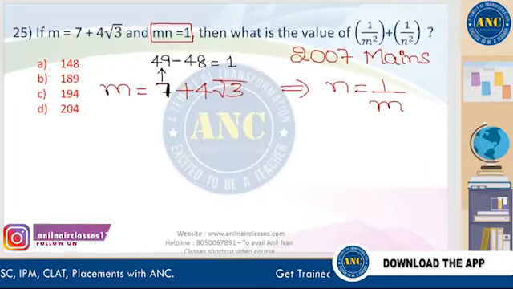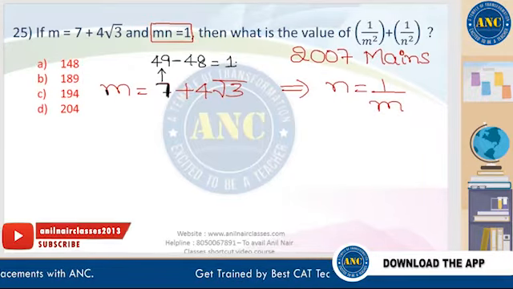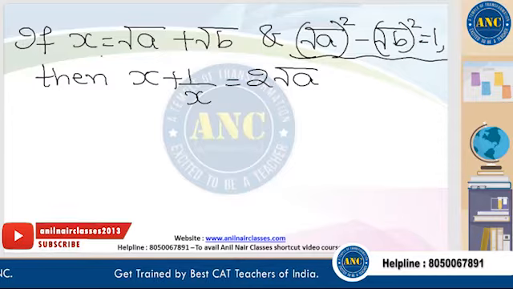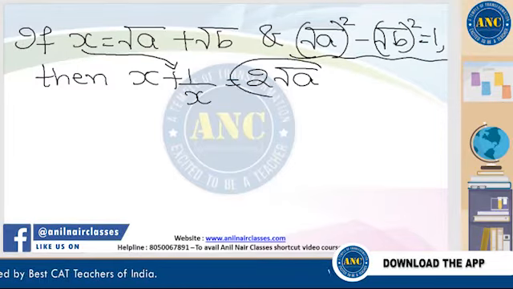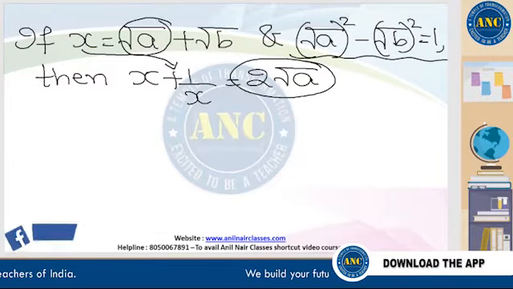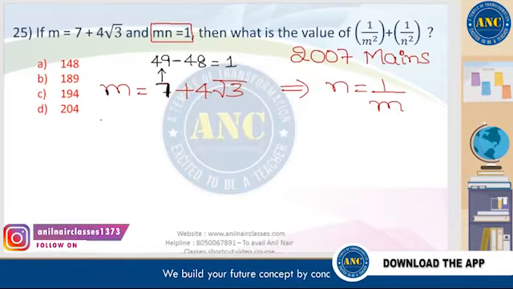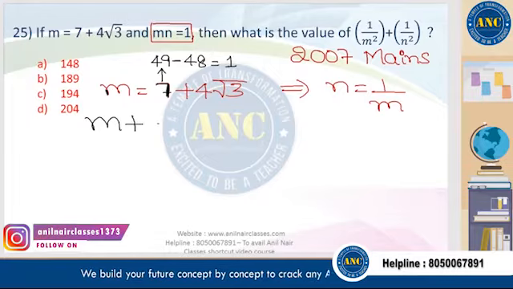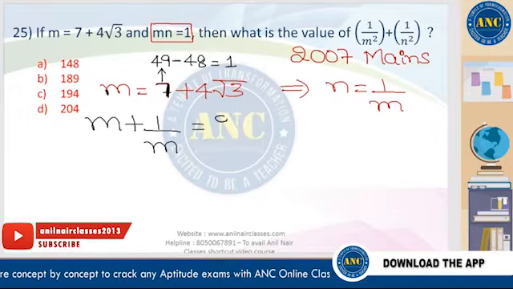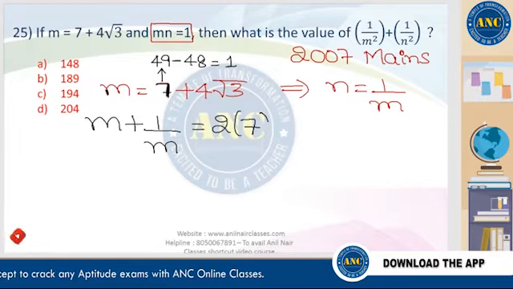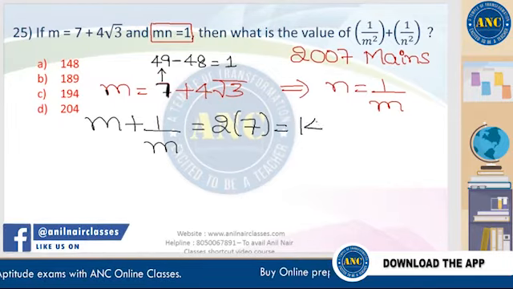Yes, the difference is becoming 1 here also. That means x added with its reciprocal is 2 times the bigger number, which is root a. So similarly here also, m added with its reciprocal 1 by m is nothing but 2 times the bigger number 7. So 2 into 7 is 14.